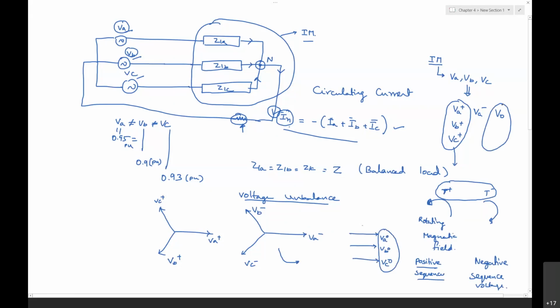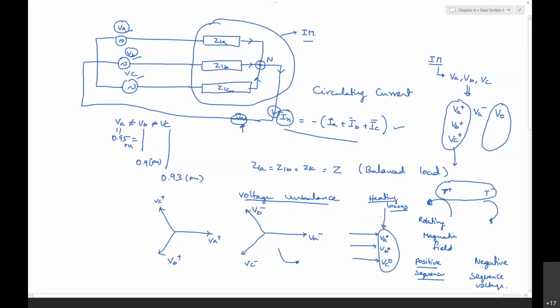It is rotating, but the resultant always will be of the same magnitude. Basically, zero sequence voltages produce only heating losses in an induction motor. This is not going to produce any kind of rotating magnetic field.